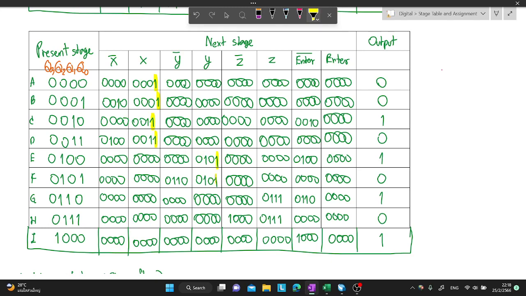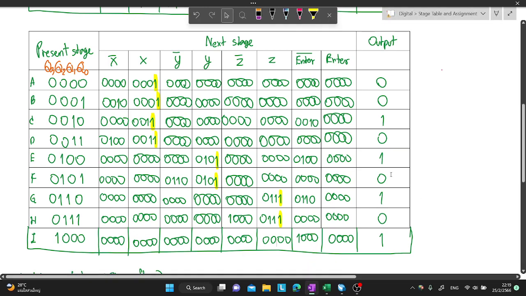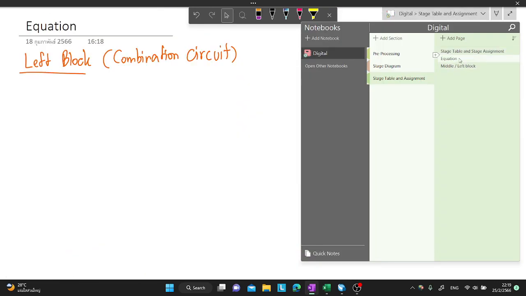Find all of them where Q0 is 1, and then I can make an equation.